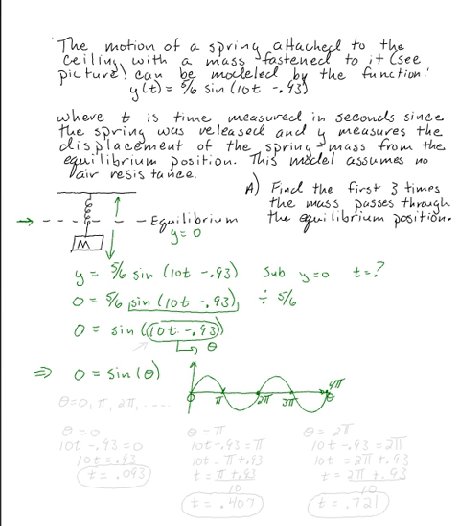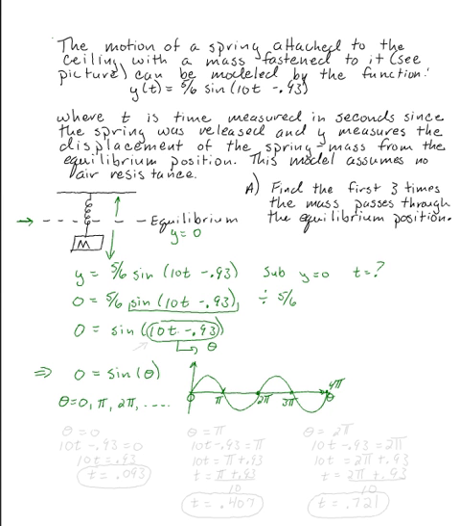So the sine of what equals 0? That would be when theta is equal to 0, pi, 2 pi, and it goes on from there. I only write the first 3 because the question is only asking about the first 3 times.